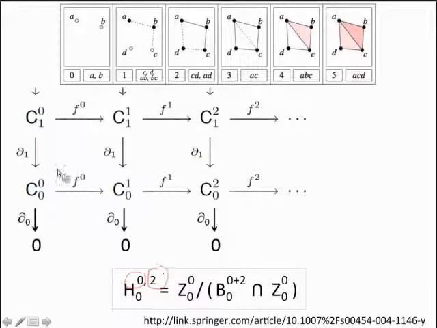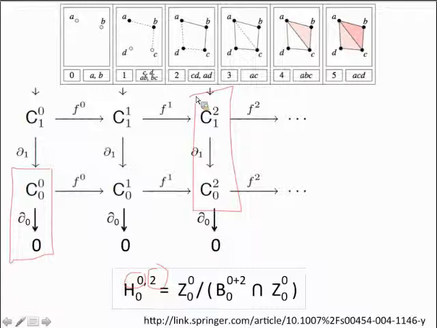In that case, I take a look at my cycles created at time 0, so that's my null space again. And then I take a look at what is destroyed 2 units later. So I've got my cycles A and B, but I mod out by my edge AB again.